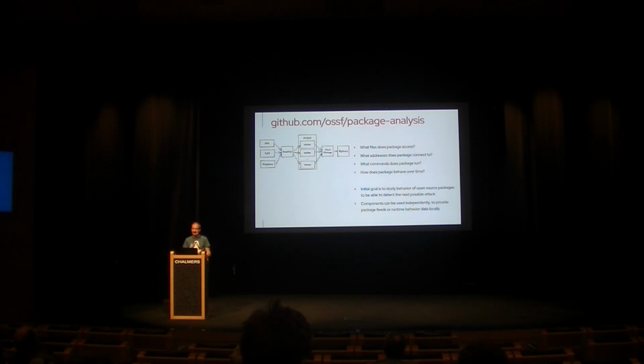I think currently it supports npm, PyPI, and Ruby gems, and it tries to answer the questions: what files does this package access internally, for example, in order to understand whether or not, the classic example, this torch application for your phone wants to access your SMS or make calls, right?